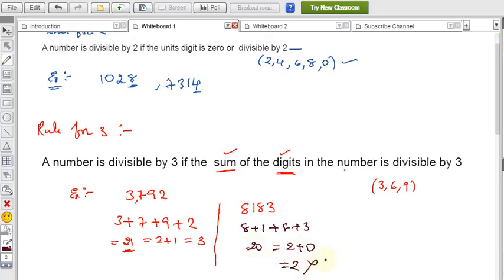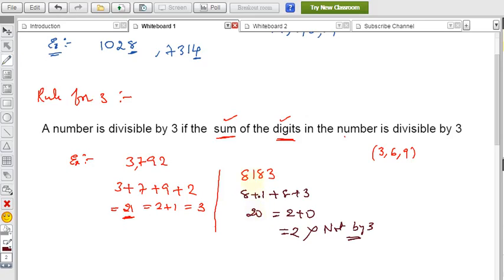So this is not divisible by 3. So 8183 is also not divisible by 3. We only need to add all the digits. If the digit sum is divisible by 3, then that particular number is divisible by 3.